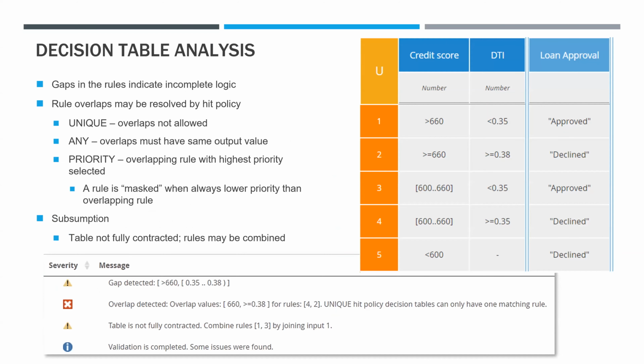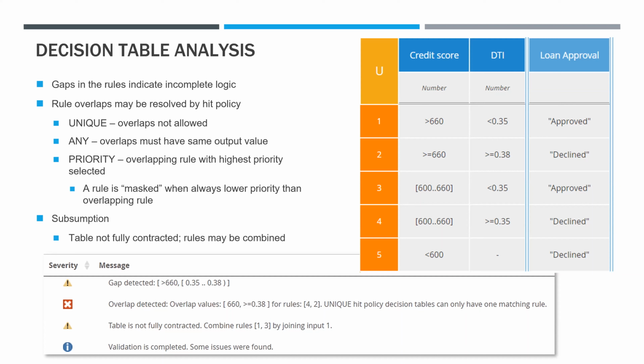So this simple decision table here contains all kinds of problems. It's incomplete, it's inconsistent, and it's not fully contracted. You could scrutinize the table and pick out the errors visually, but it's much easier for the tool to do it. So in the Trisotech tool, when you click on the decision table analysis icon, you get a list of errors and warnings like this.